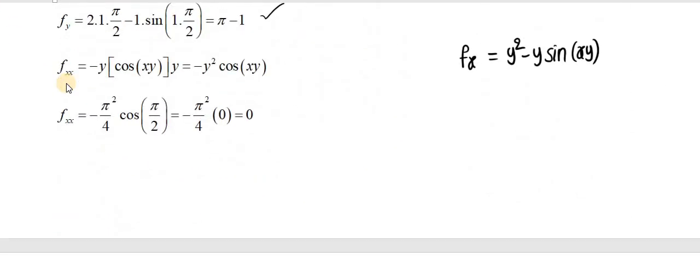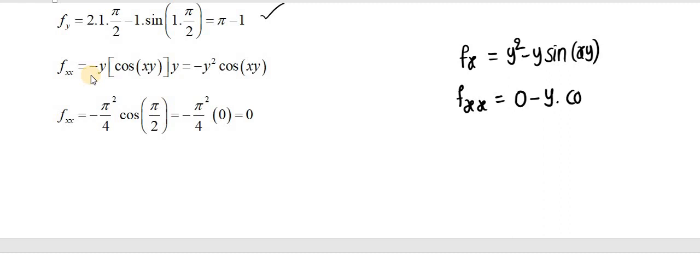First one is fxx. How we are going to get fxx: partial differentiation of fx with respect to x again. With respect to x means y is constant. So y square is also constant, and the differentiation of a constant is 0. Minus y is constant, that's why I am not doing any differentiation for y; I am keeping y as it is.